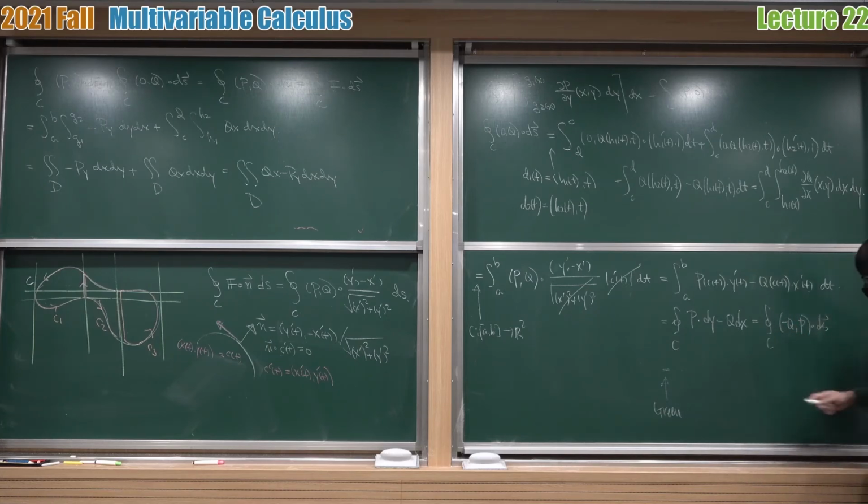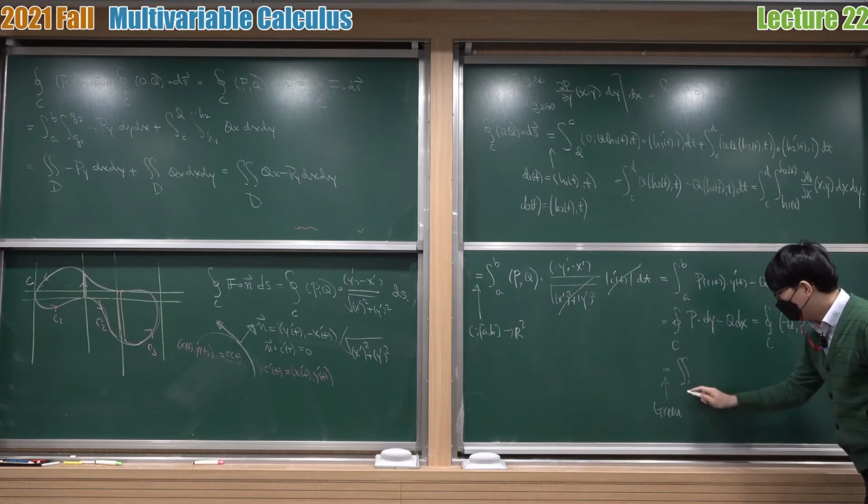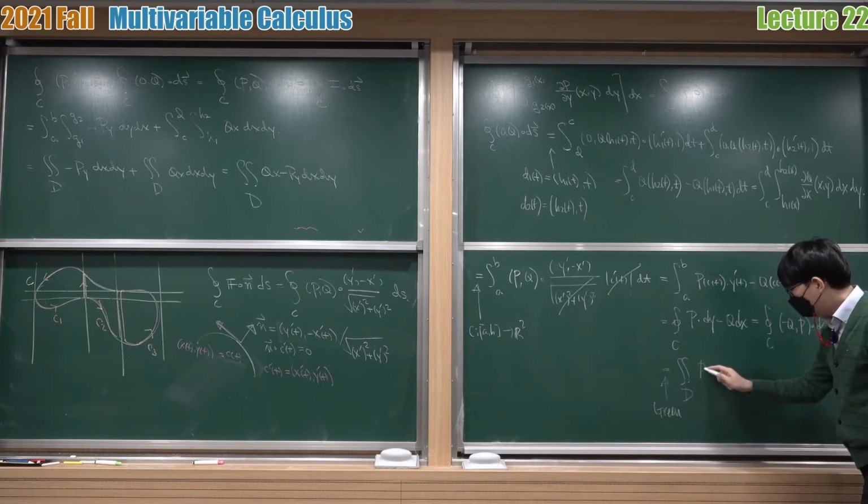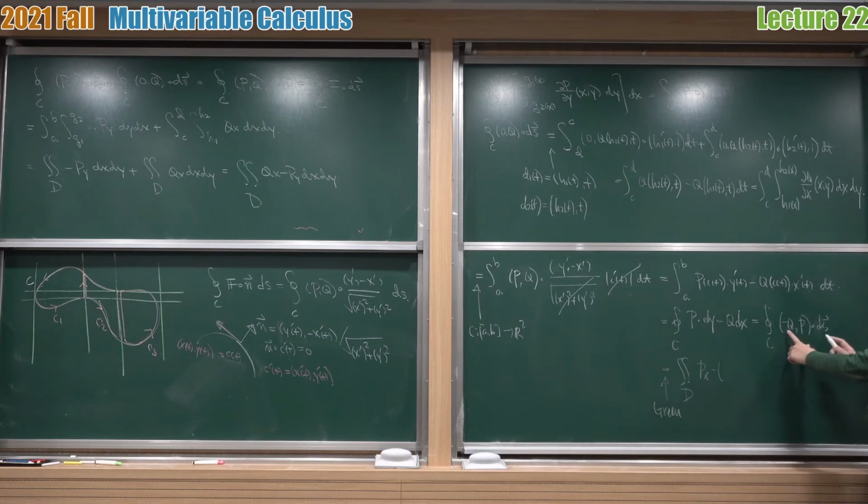So basically, you're taking a double integration of P_x minus (minus Q_y) dx dy, which is P_x plus Q_y dx dy.